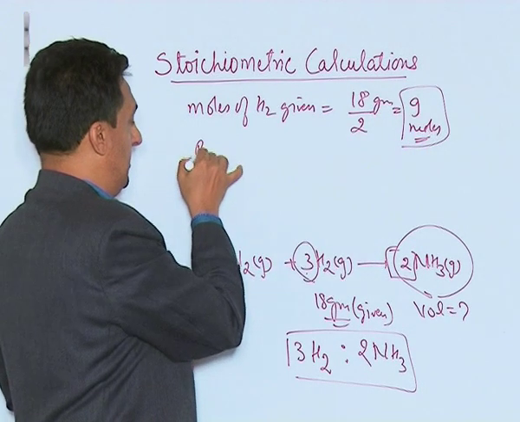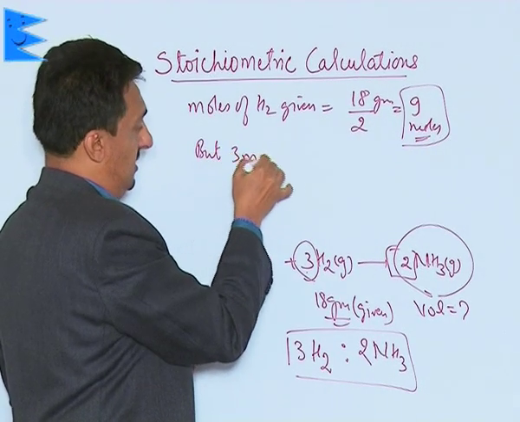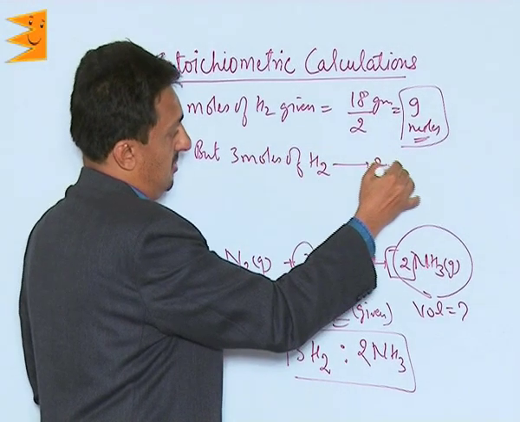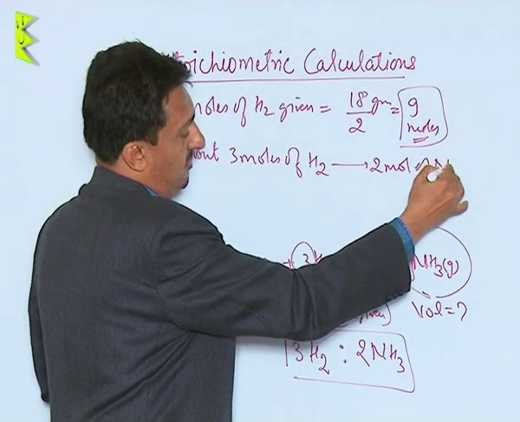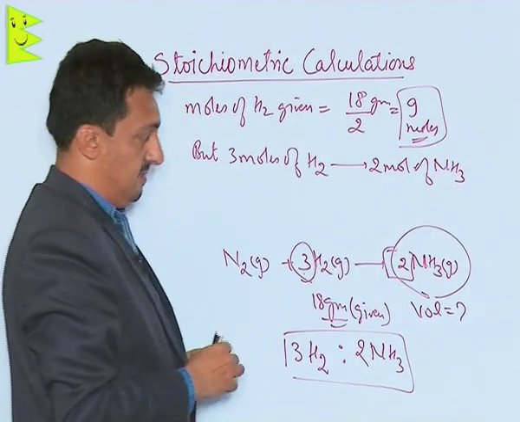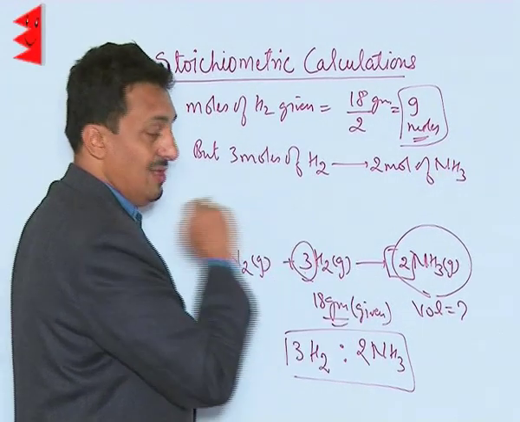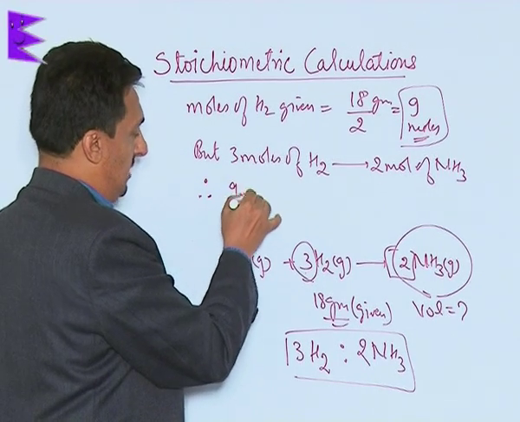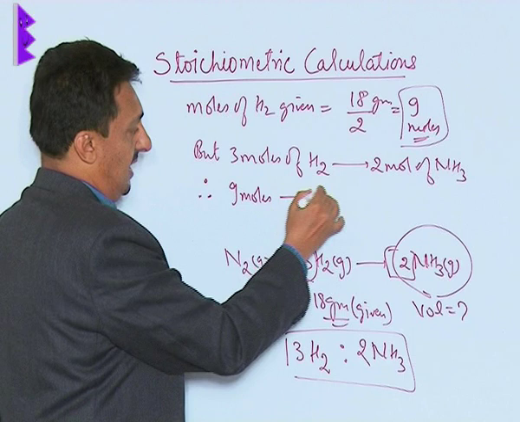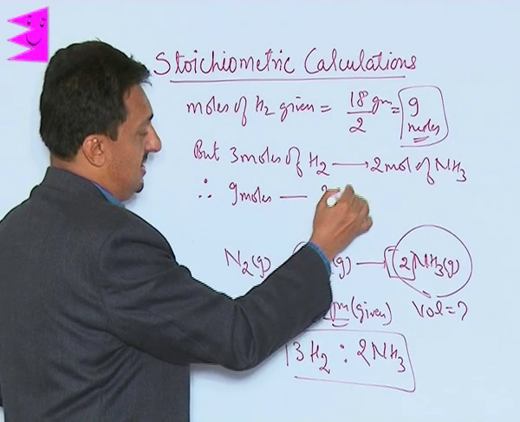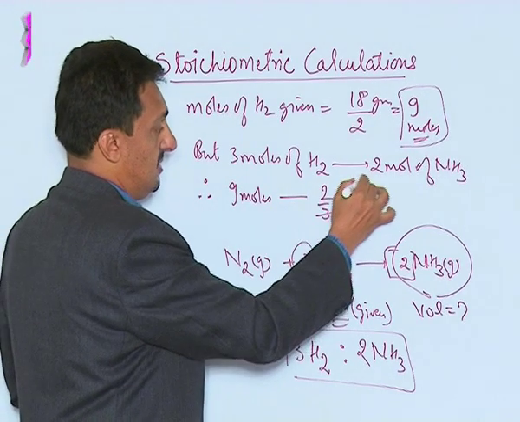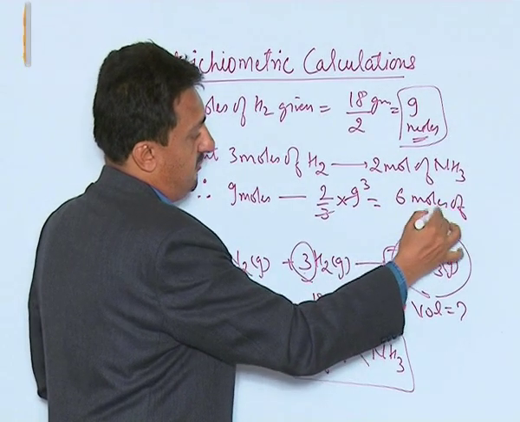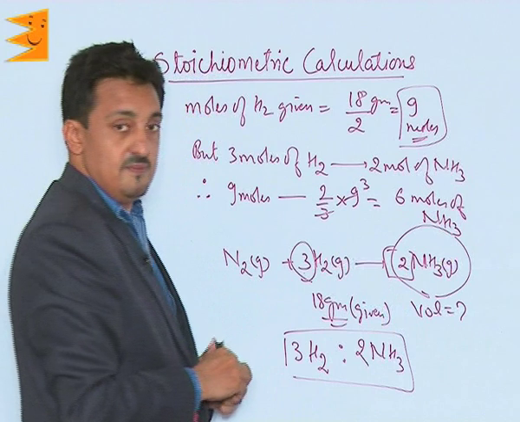Now we know 3 moles of hydrogen gives 2 moles of ammonia. When 3 moles give 2 moles of ammonia, therefore the 9 moles will give 2 by 3 into 9, 6 moles of ammonia.